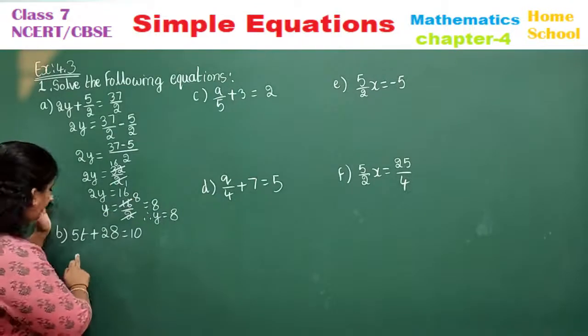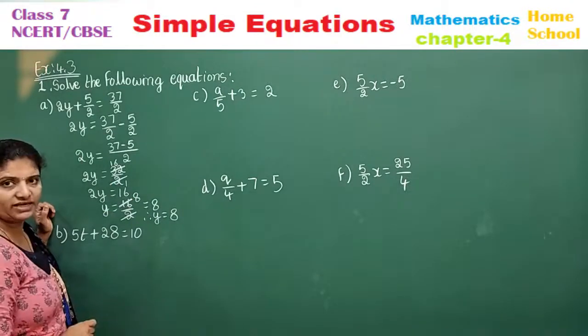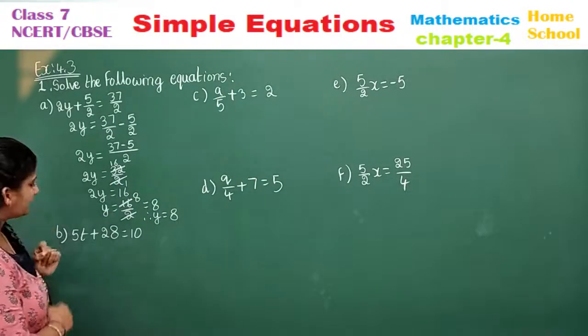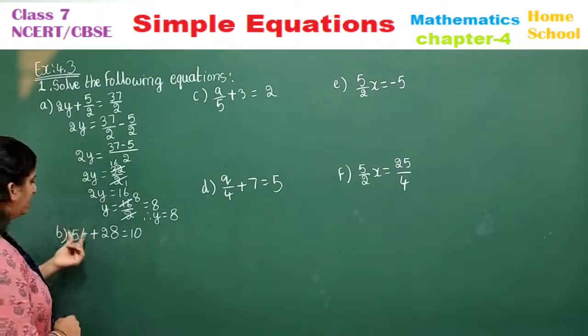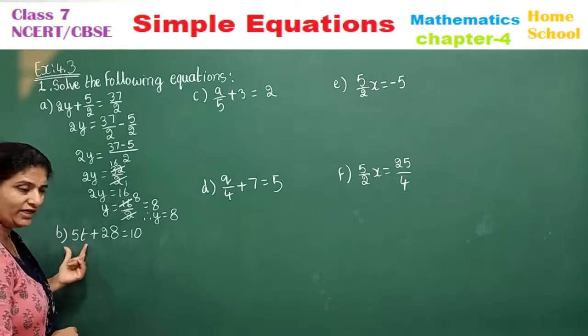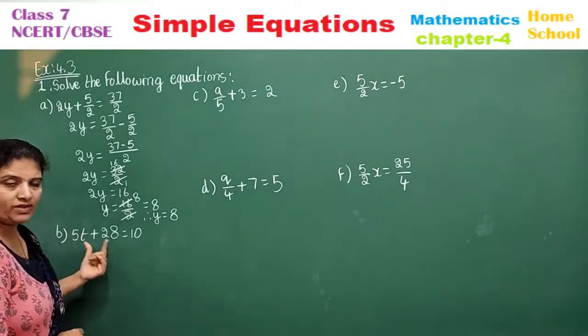Next one. Option B, 5t plus 28 is equal to 10. Where is the variable and what is the variable? t is a variable. 5t set, other than 5t, you have plus 28.